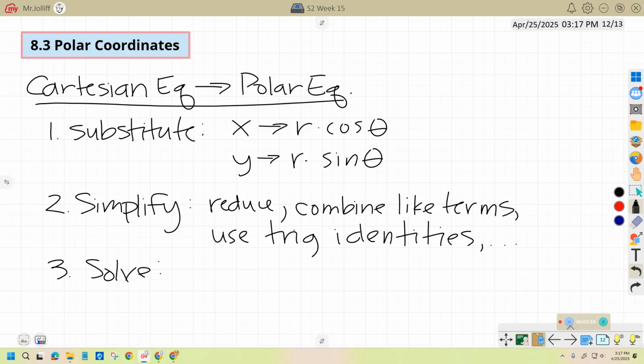Reduce where you can. Combine any like terms that you see floating around. And because we know that there are relationships between sine and cos, oftentimes you're going to use trig identities. Because if my equation has both x's and y's, it's going to have both sines and cosines. And so sometimes those trig identities that we learned in the last chapter are going to help us make our expression more simple.